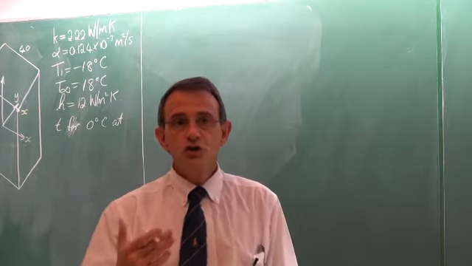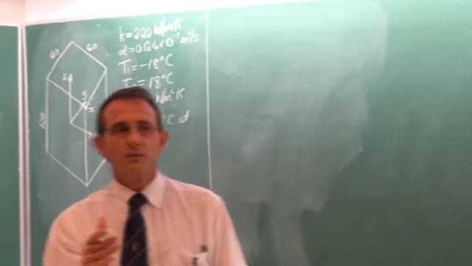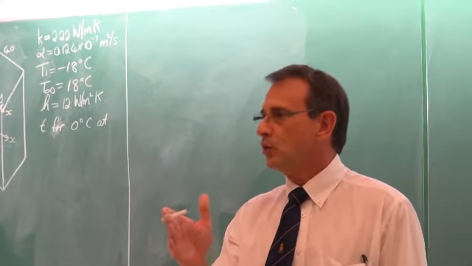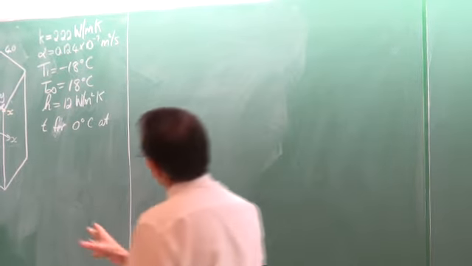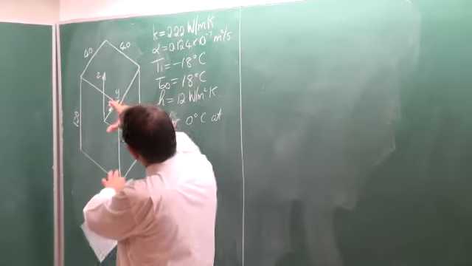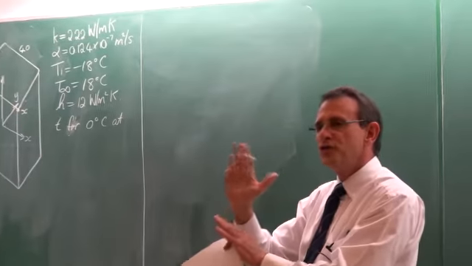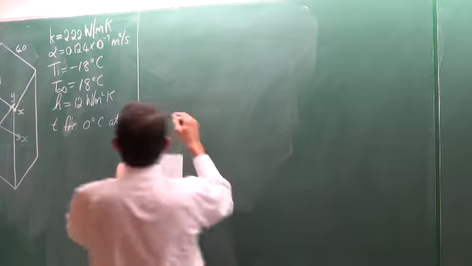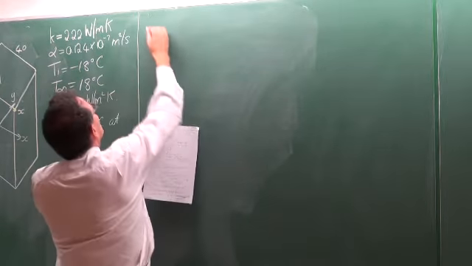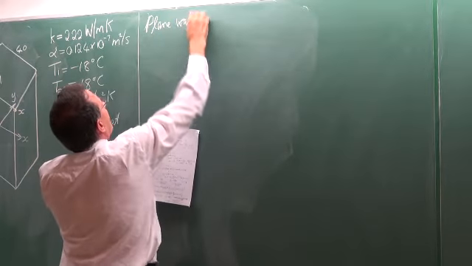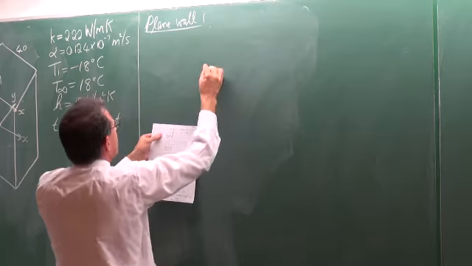So the solution of this, if you go and look at the textbook, is the product of three plane walls. That geometry you get by the superposition of three plane walls. So let's look at the first plane wall. Let's call it plane wall 1.